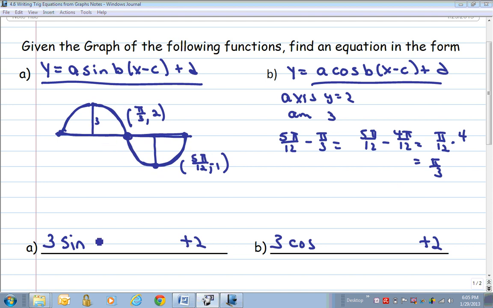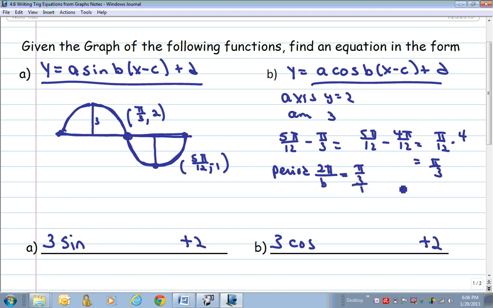Now in the equation, remember our original period was 2 pi. And remember the little formula to find period is 2 pi over whatever the b value is. And that in this case should equal pi over 3. So let's see what we have to end up doing. That would be pi over 3 over 1.